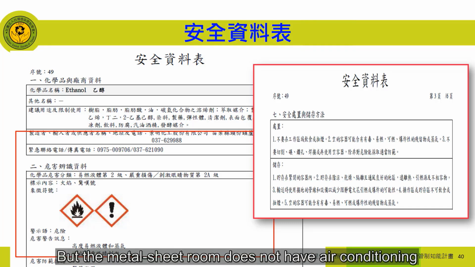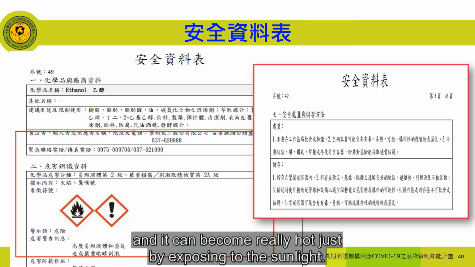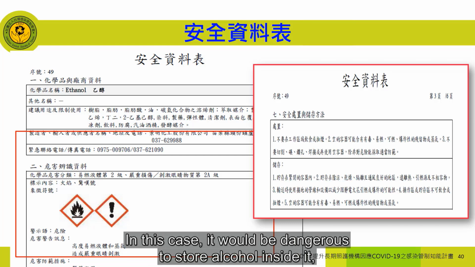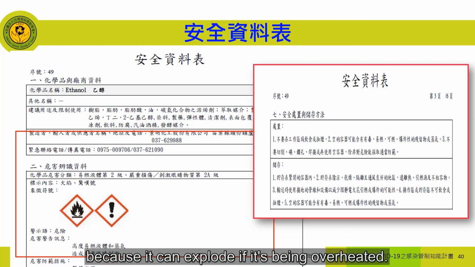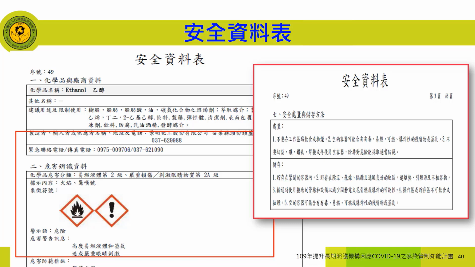But a metal sheet room does not have air conditioning and it can become really hot just by exposing to the sunlight. In this case, it would be dangerous to store alcohol inside it because it can explode if it's being overheated, so please store the products in a dry, shadowed area with good ventilation.